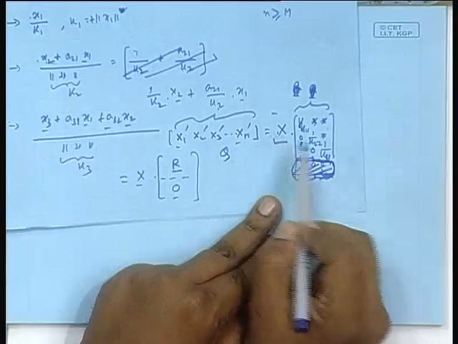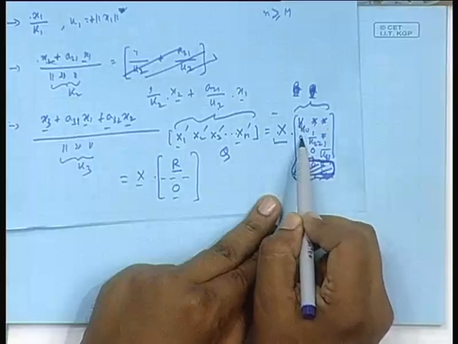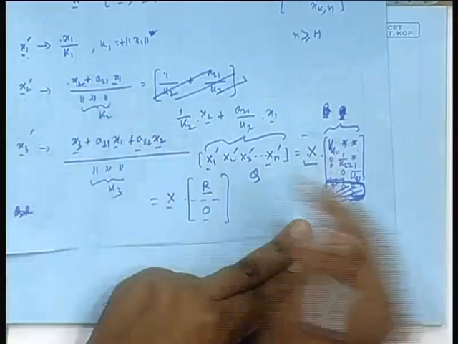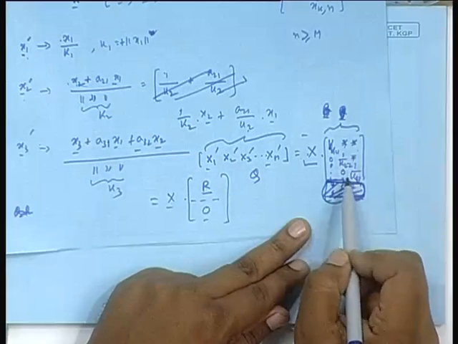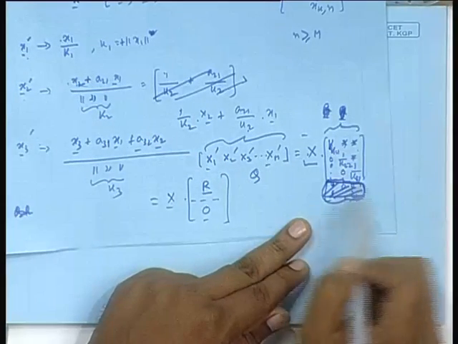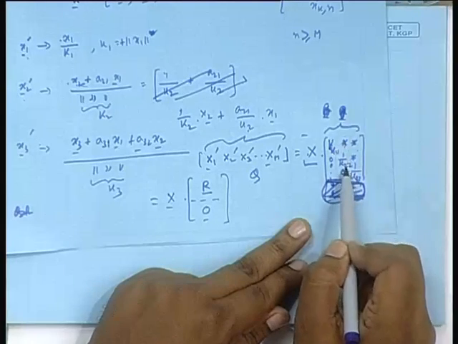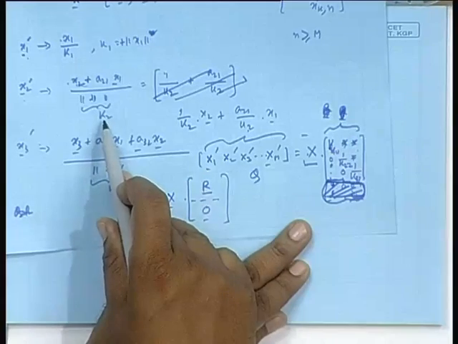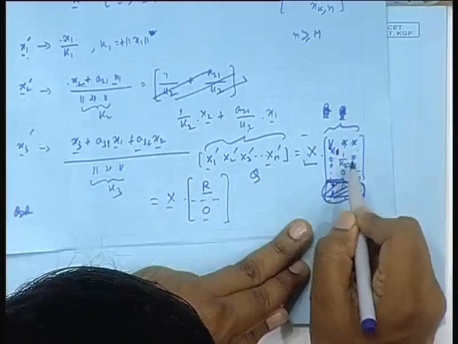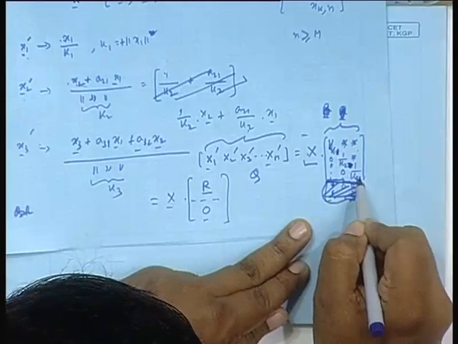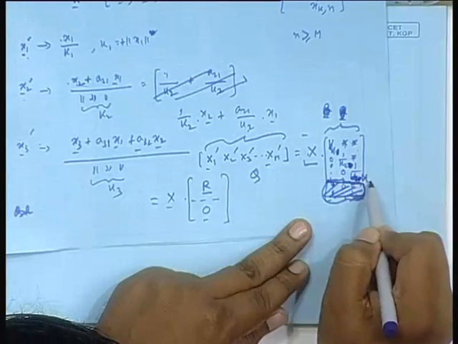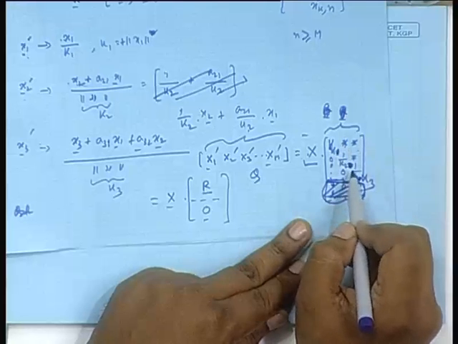So, 1 by k1, 1 by k1 multiplies x1, fine. Zeros don't come easily, you see. It was just a slip of the tongue. Then 1 by k2, 1 by k3, and these terms.